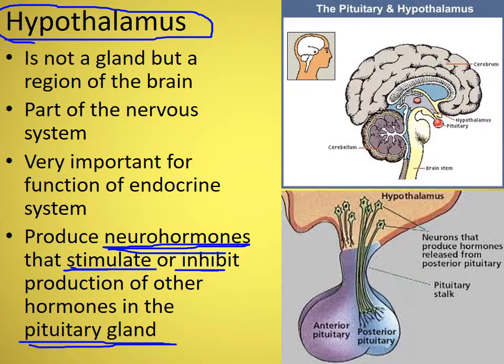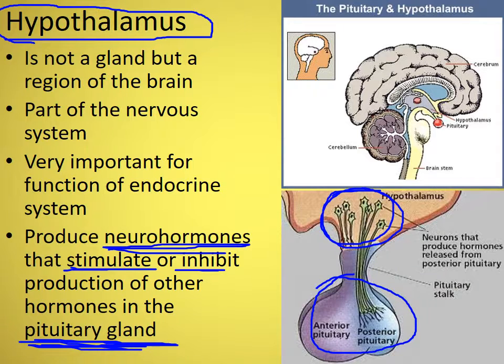The gland that the hypothalamus acts on is the pituitary gland. The pituitary gland is known as the master gland. The hypothalamus will send out these neurohormones to the pituitary gland, which will then start a cascade of multiple hormones being secreted.